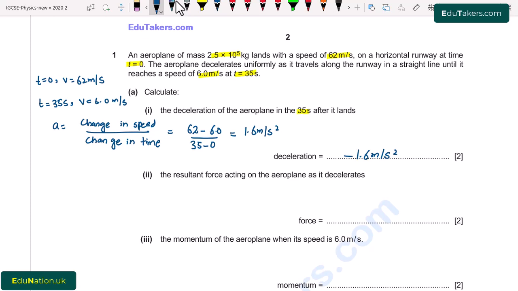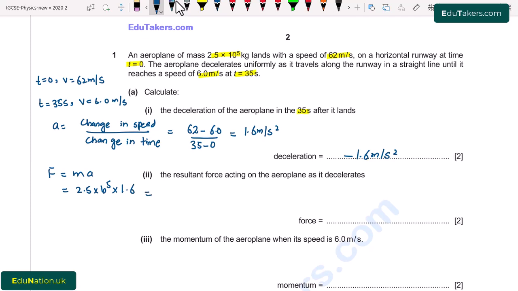Part 2. The resultant force acting on the aeroplane as it decelerates. So here we have to find the resultant force, and we know that mass is given as 2.5 × 10^5 and we have to use the deceleration. So I write here the force F = ma, where m is the mass and a is the acceleration. m is given as 2.5 × 10^5 multiplied by acceleration, given as 1.6.